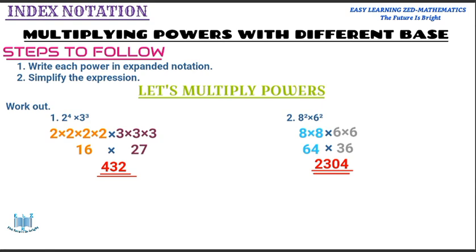The square root of 2304 is 48, so you can also write it as 48 squared, which is also index notation, since it is written as a power. It depends on the instruction given, but basically this is what you do when you're asked to multiply powers with different bases.